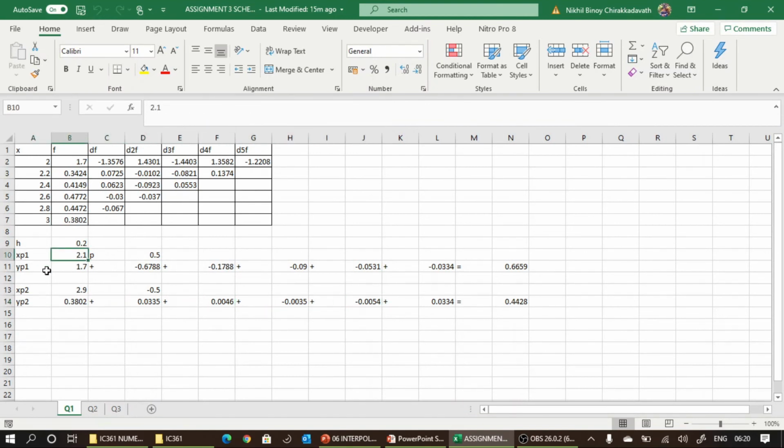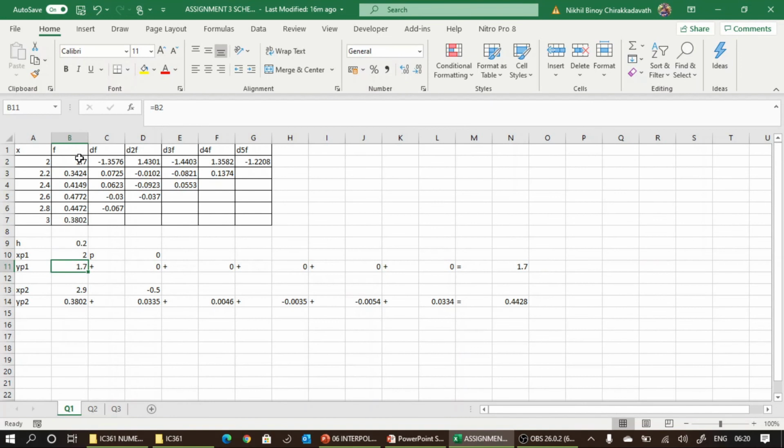So first we can check whether this forward difference extrapolation is correct or not. How to check that? At the given points, the unknown function and the interpolated function will be the same. So we have to check corresponding to 2, what is the value? 1.7.